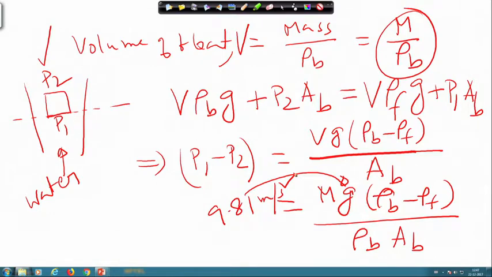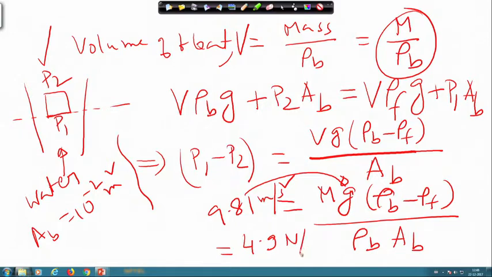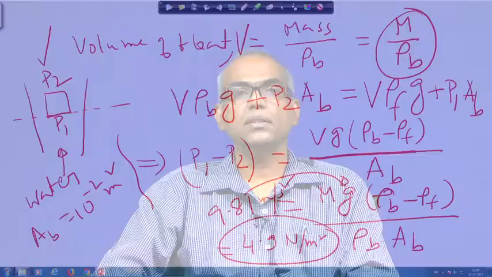AB is the base area given, 10 centimeter by 10 centimeter, or 10 to the power minus 2 meter square. So, everything is given. If we put all these numerical values, this will become 4.9 Newton per meter square. So, the pressure drop across the float is 4.9 Newton per meter square.